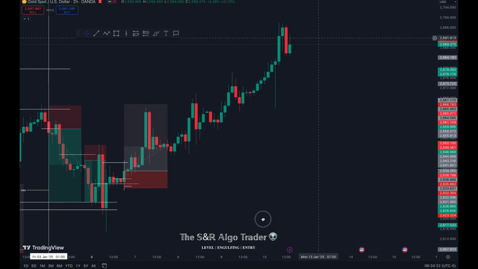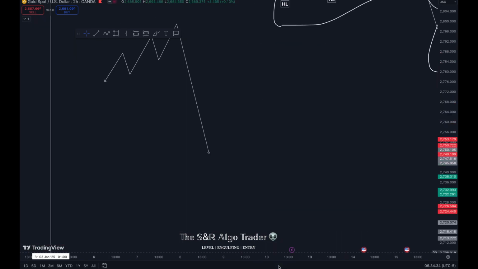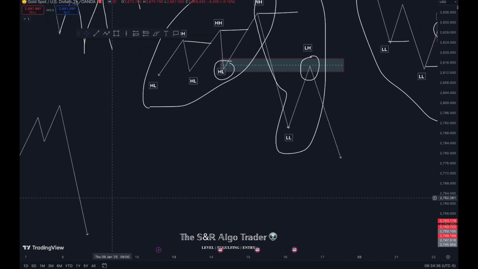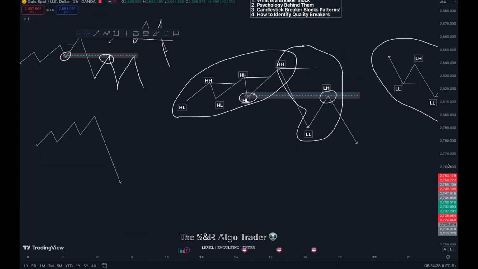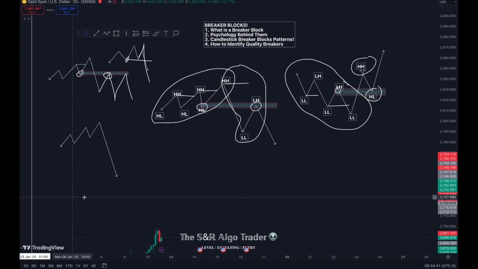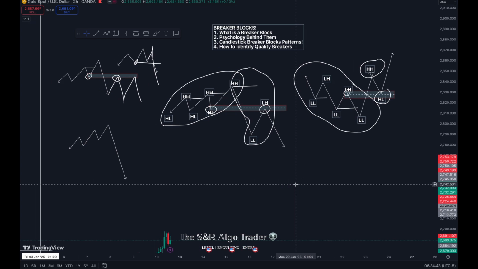So I was saying breaker block is a previous failed block on the price chart that becomes a key supply level, and once a breaker block is formed, the previous characteristics of the block change. Thus, a demand becomes a supply zone and a supply becomes a demand zone.